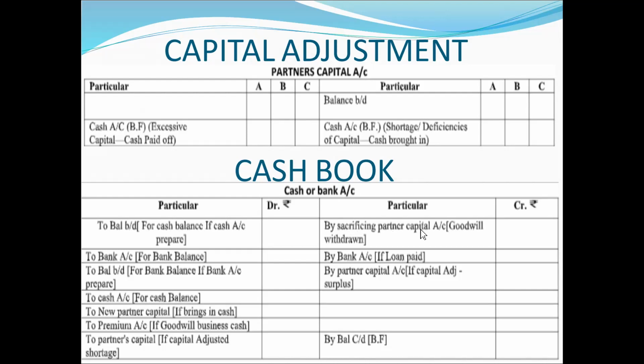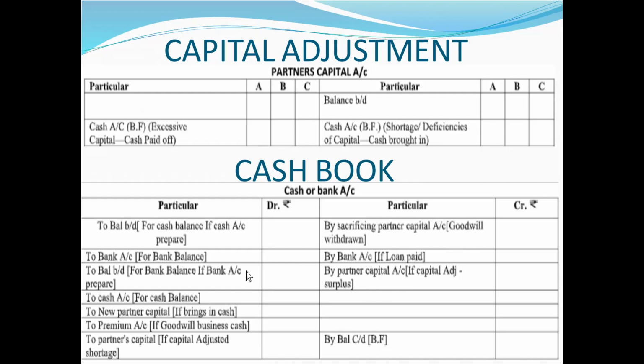By sacrificing partner, the goodwill withdrawn. So goodwill withdrawn means partner's capital account debit to cash account. By bank, if loan paid, that is also, okay. Bank loan paid, so loan account to cash account, partner capital account.